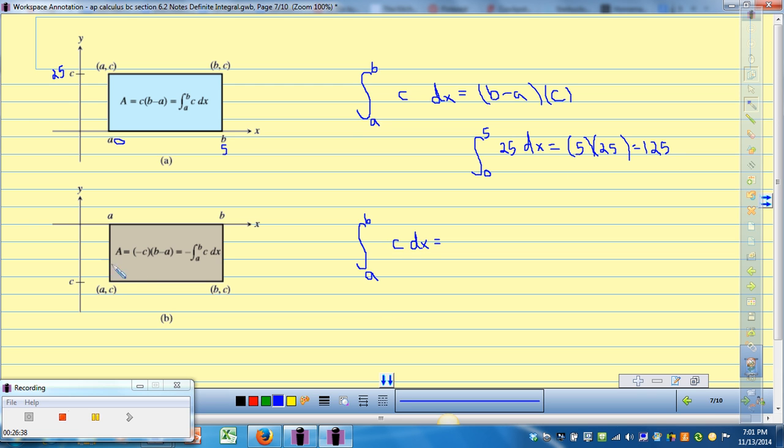Okay, and then if you look down here, same idea, but in this case our constant is negative. So if our c is negative, then we would have b minus a still for the width, times that function value, which in this case would be negative c.